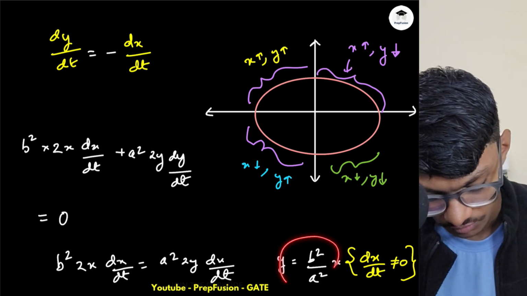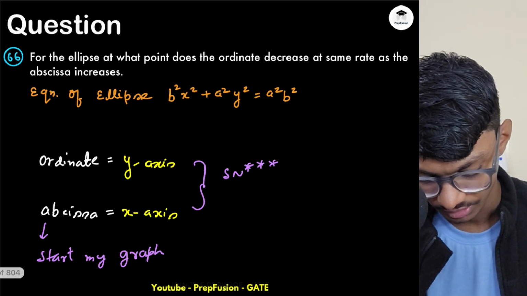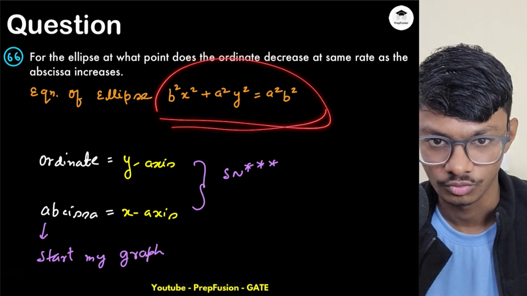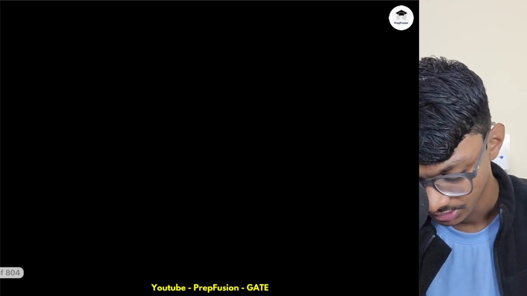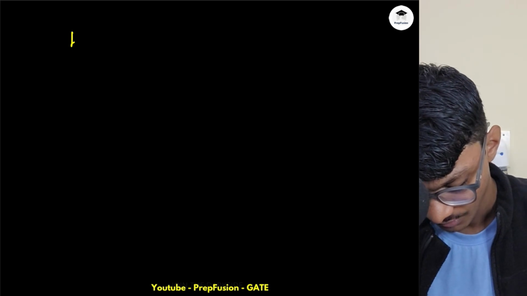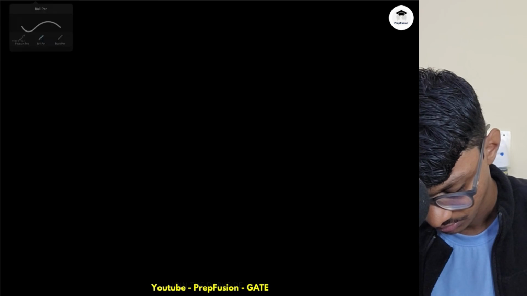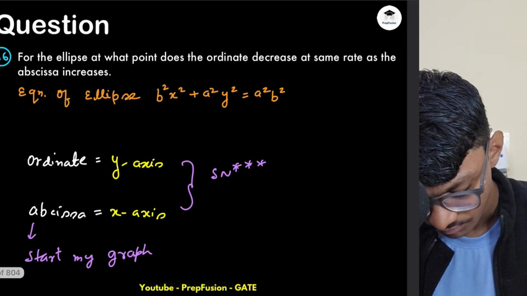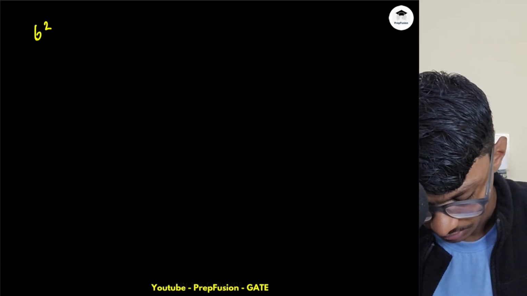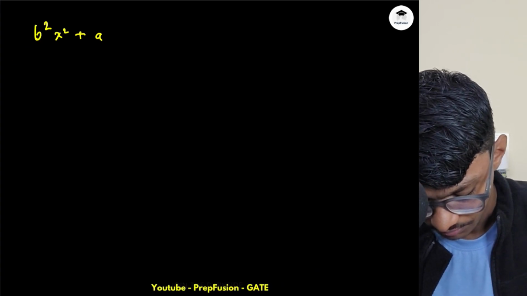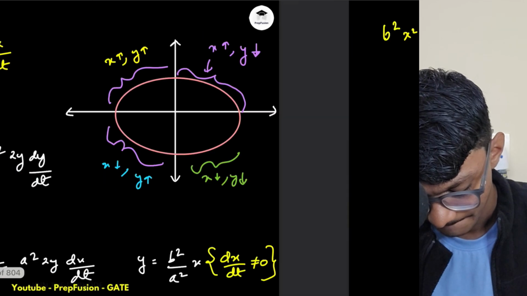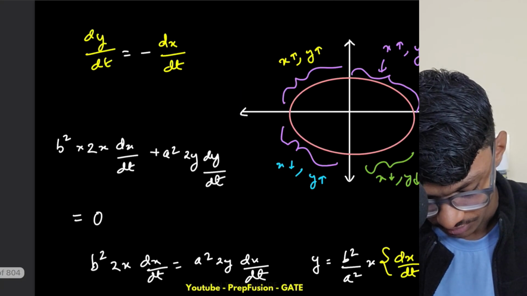So next what we can do, I can replace this y in this equation, because we have two equations. So here what will happen: b square into x square plus a square into y square. What is y square?